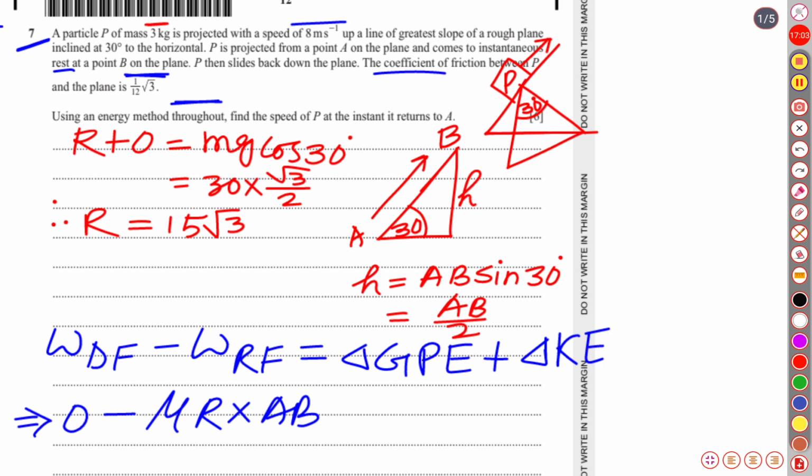We have already found that the particle starting from this point reached B. So the displacement traveled by the particle was AB, and work done by resistance force is force into displacement, which is mu R into AB. Then change in GPE is mgh, plus change in kinetic energy is half mv squared.